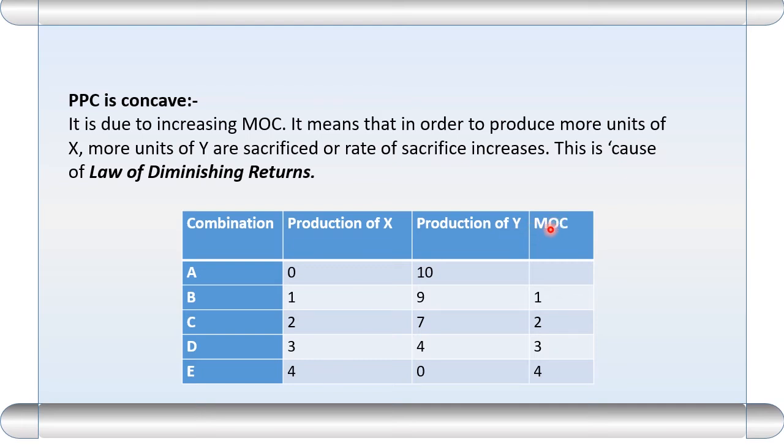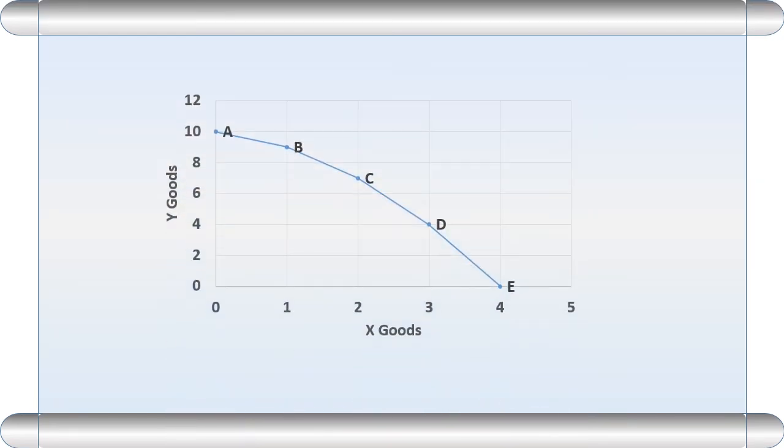So MOC is increasing, and the main reason is the law of diminishing returns. In very simple words, we can say that the labor is not very good at manufacturing the X commodity. So more and more Y labor is being sacrificed to increase the production of X commodity. We can see that from the origin, the shape of the PPC is concave.